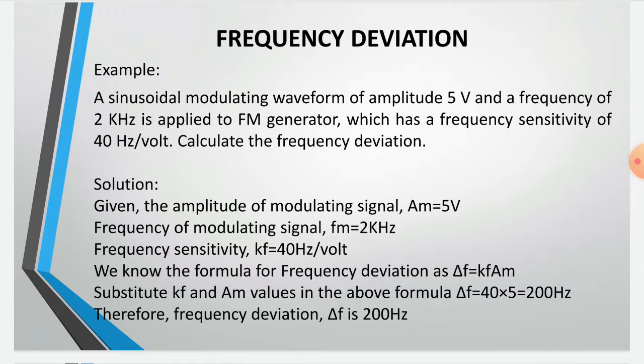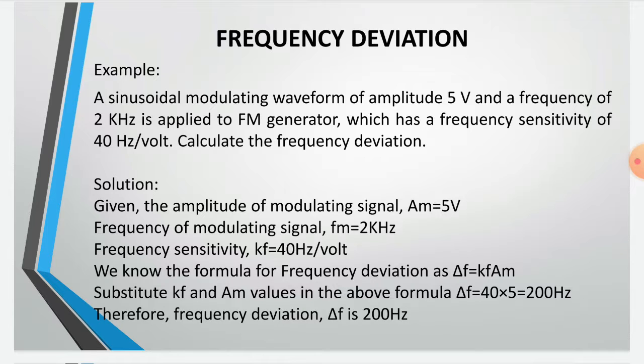Frequency deviation. A sinusoidal modulating waveform of amplitude 5 volts and frequency of 2 kHz is applied to an FM generator, which has a frequency sensitivity of 40 Hz per volt. Calculate the frequency deviation. For the solution, the given amplitude of the modulating signal Am is equal to 5 volts. Frequency of the modulating signal fm is 2 kHz.